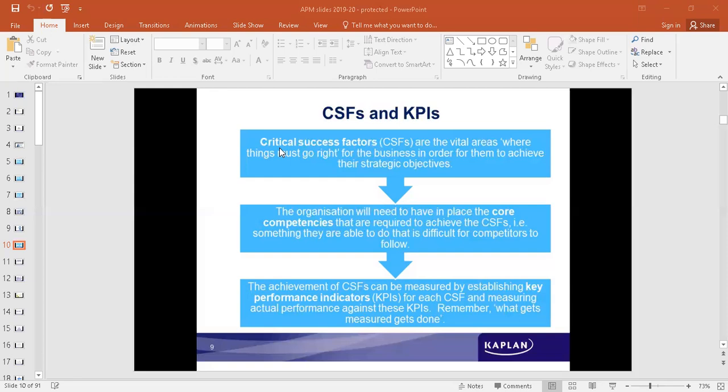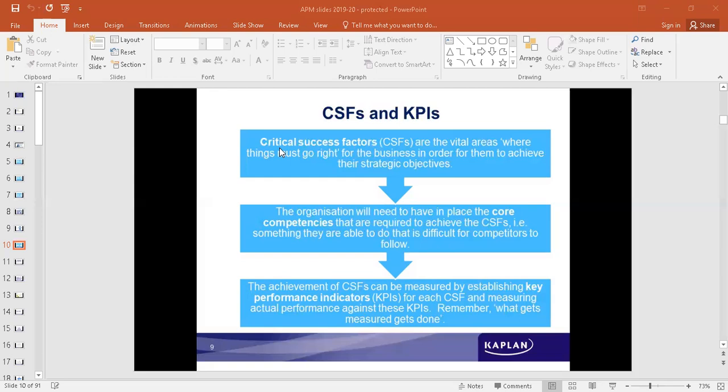There's another competency called threshold competency. If they perform well, if they do certain things well, repeatedly, they can match the standard of the competitors, but definitely they can never overtake the competitors.